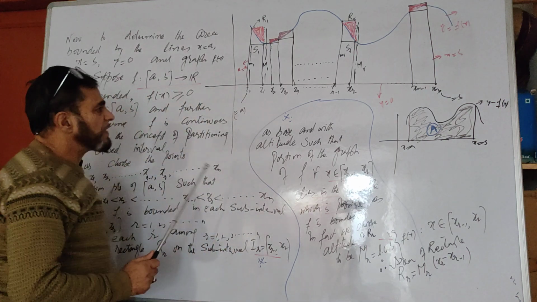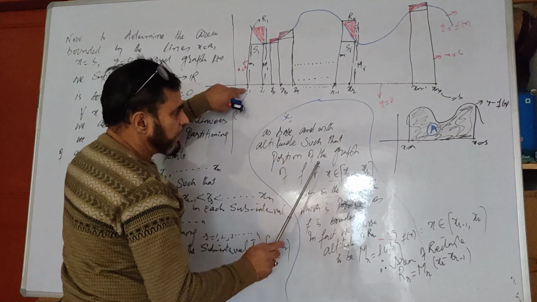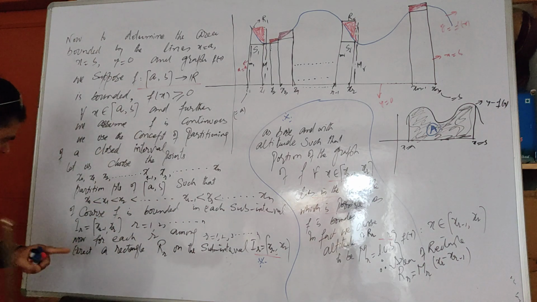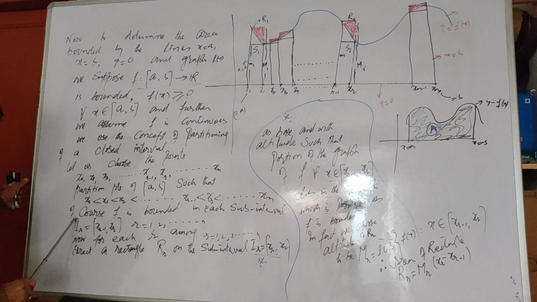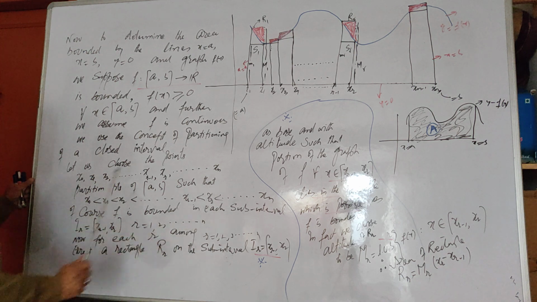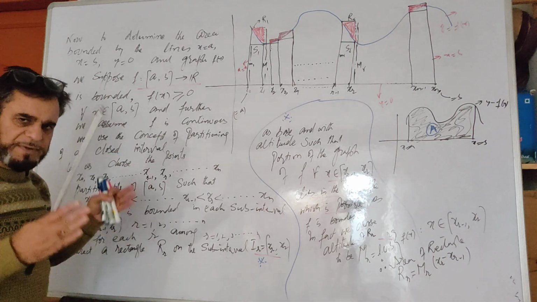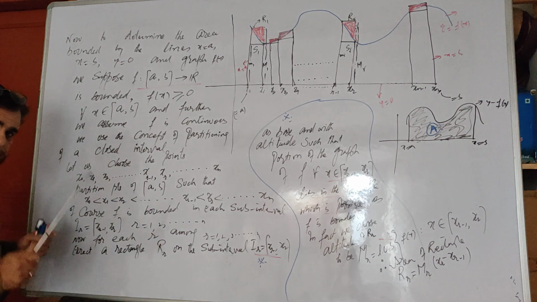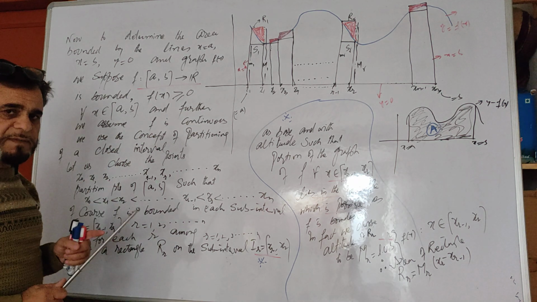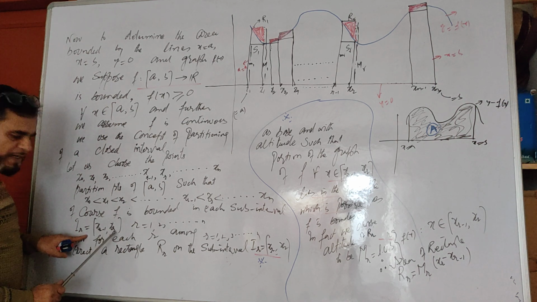Now what we do with the base, I will explain. Of course, f is bounded in each subinterval, because when a function is bounded on the whole, it again remains bounded in the parts. So when f is bounded on the closed interval [a, b], it again remains bounded on this [x(r-1), xr].